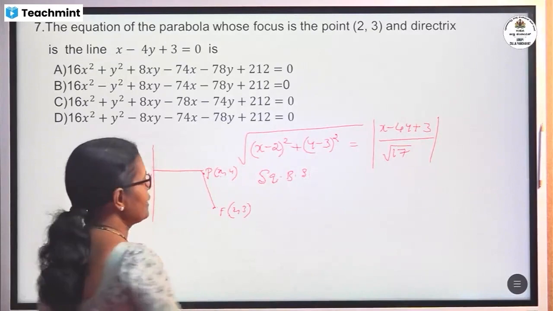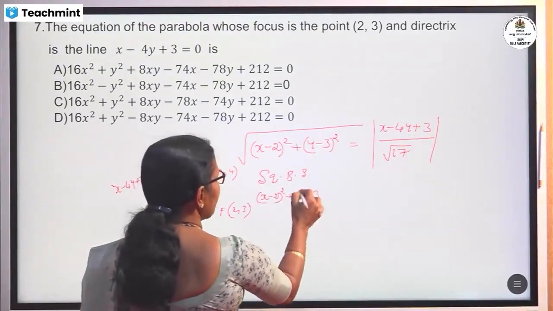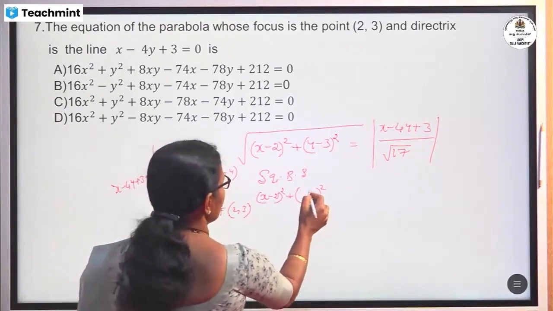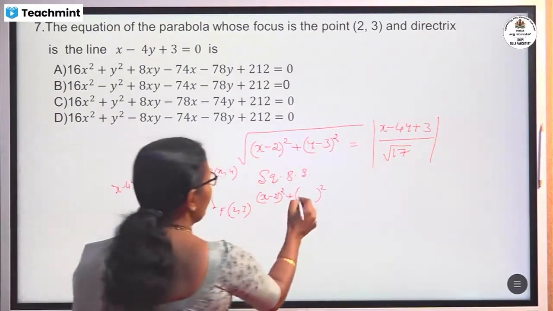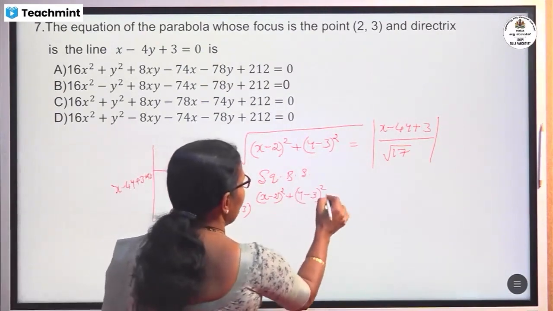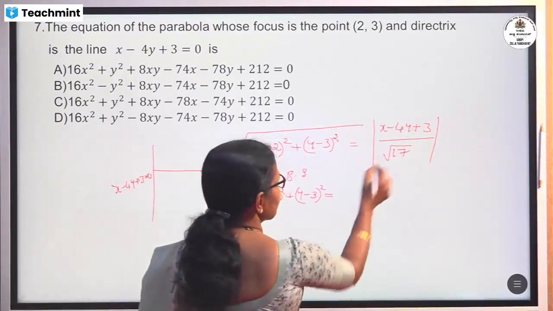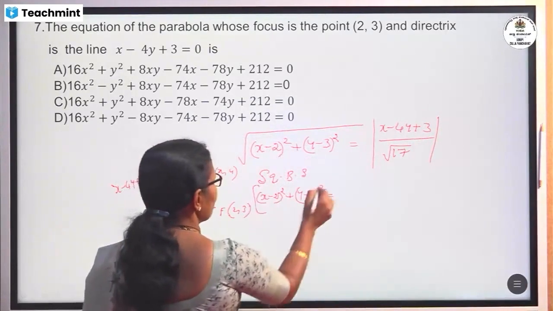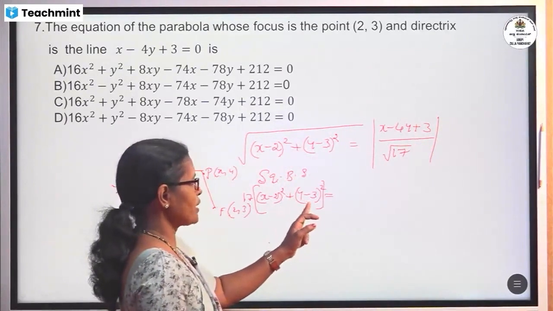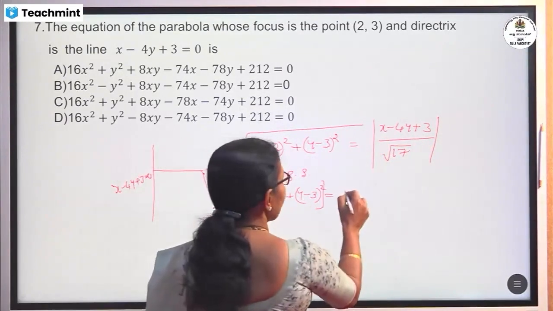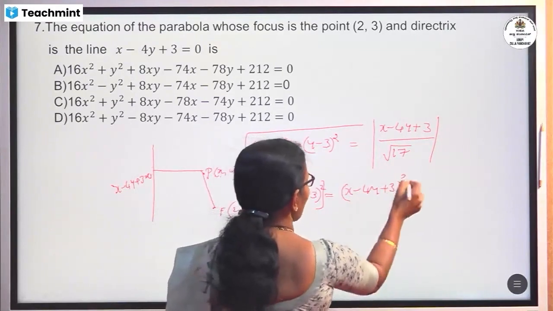Squaring on both sides, then we get x minus 2 whole square plus y minus 3 whole square equals the right hand side whole square. The 17 we have to bring to this side, so 17 into x minus 2 whole square plus y minus 3 whole square equals x minus 4y plus 3 whole square.